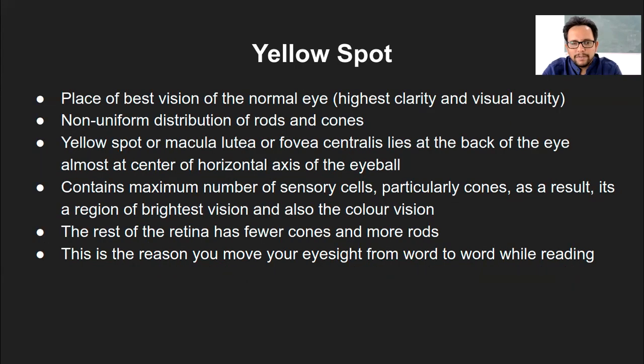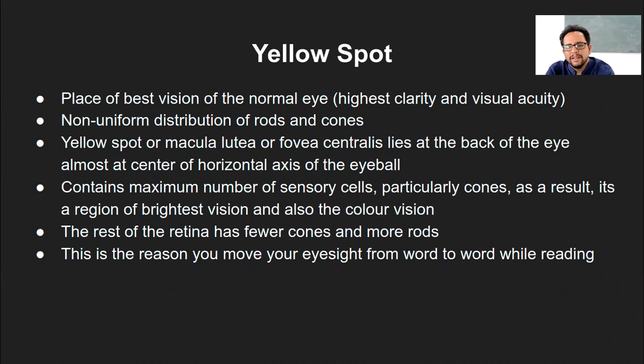So now talking of the yellow spot. The yellow spot is the place of best vision for the normal eye. That means of highest clarity and visual acuity. Acuity is a term that is like accuracy, kind of.